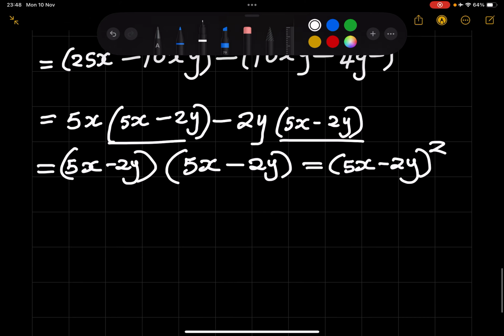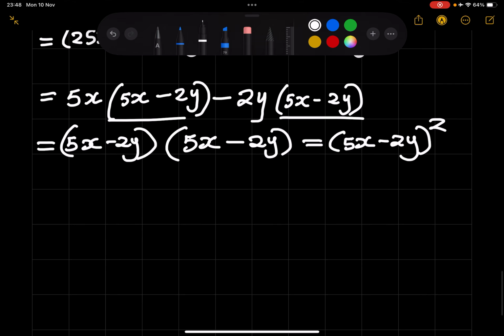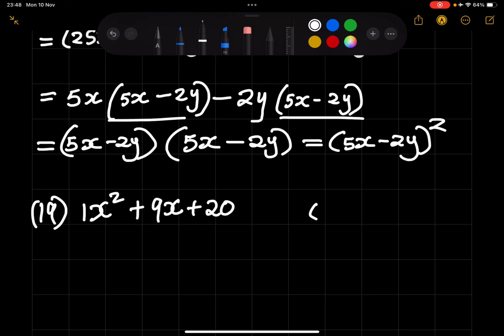Now let's go to 19. On 19, we have x squared plus 9x plus 20. We can't take out the highest common factor, it's already in the simplest form. So we take the first coefficient, which is 1, and multiply by the last.